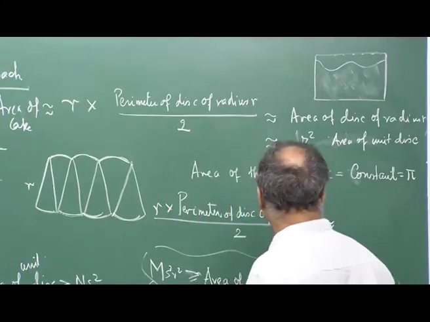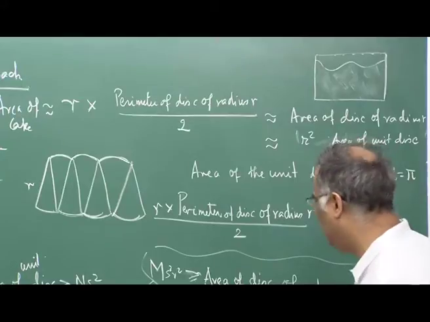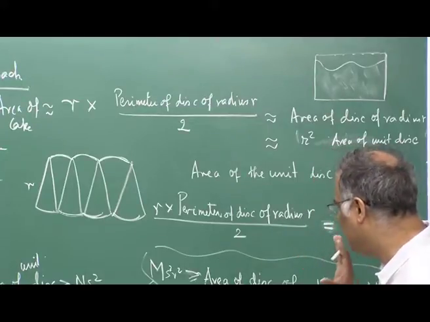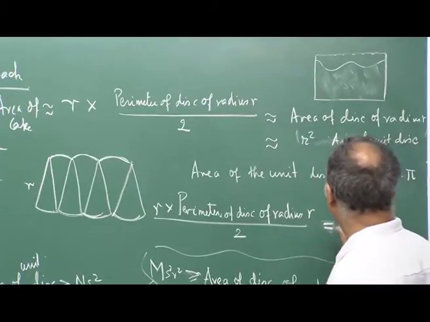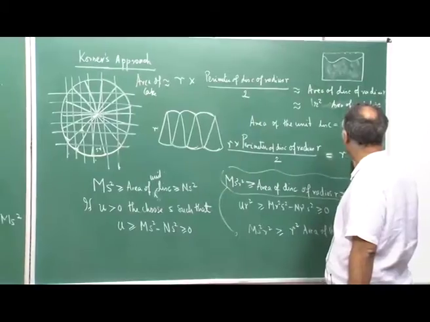So this approximation finally, let us say, becomes equal. These are all just approximation arguments, by the way, and this is nothing but r square into pi, the constant.